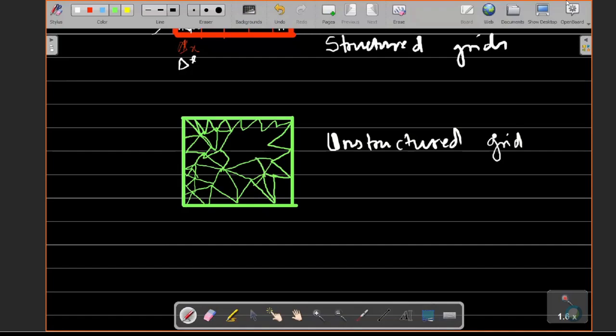So all these will be triangular elements, and elements can be arbitrary. I hope you understand what I'm trying to draw.